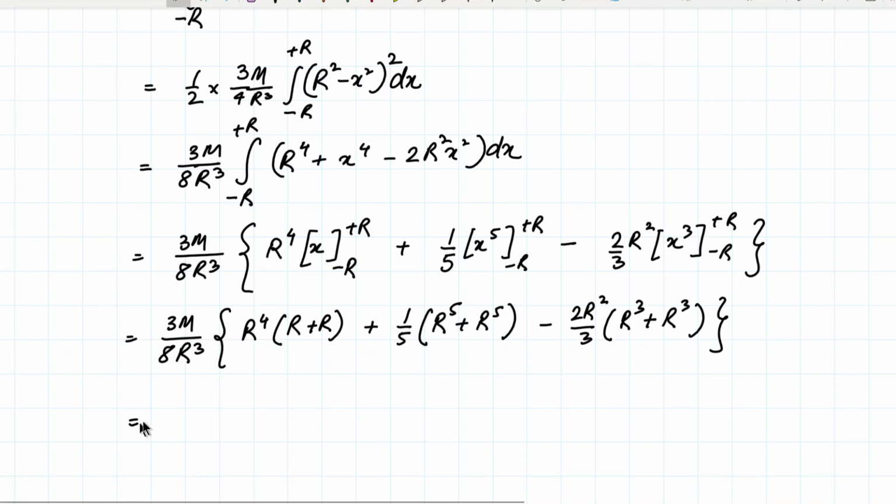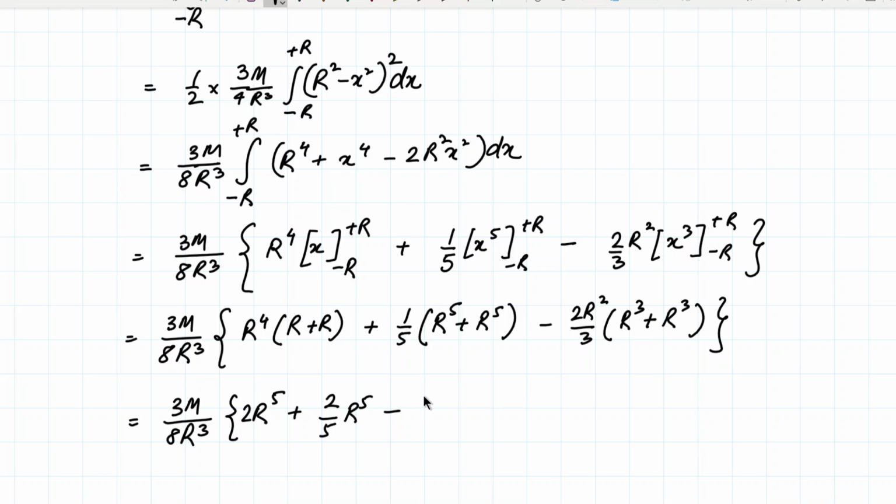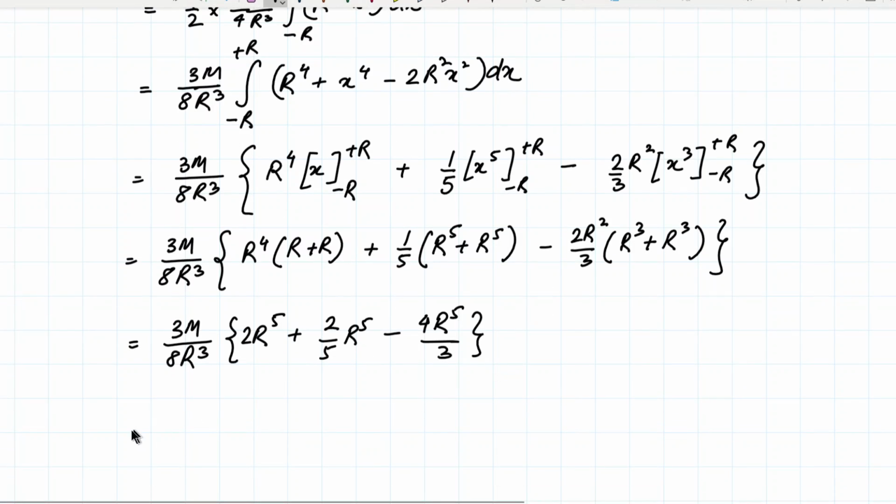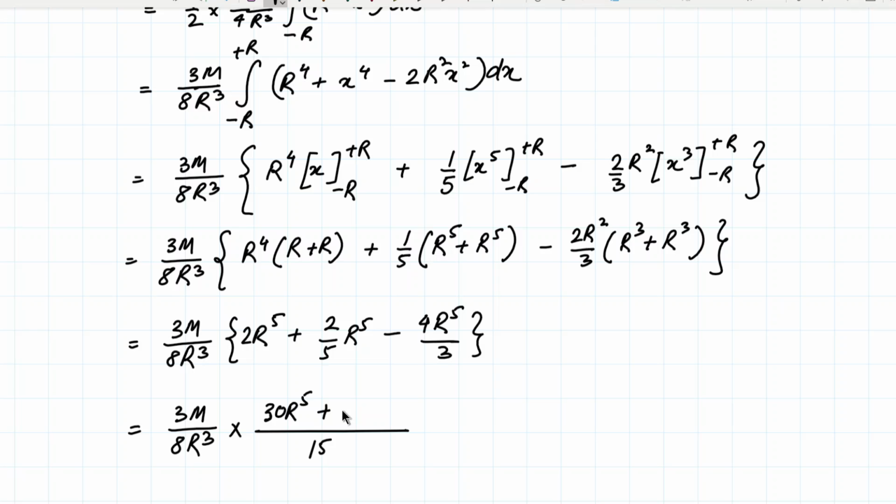So this is equal to 3m upon 8r cube, so this is 2 r to the power 5 plus 2/5 r to the power 5 minus 4 r to the power 5 upon 3. So this is simply equal to 3m upon 8r cube into, 5 into 3 is 15, so this becomes 30 r to the power 5 plus 6 r to the power 5 minus 5 into 4, 20 r to the power 5.